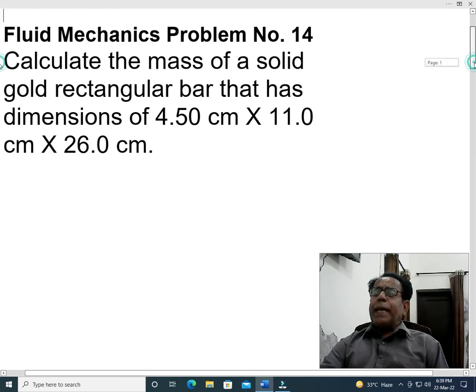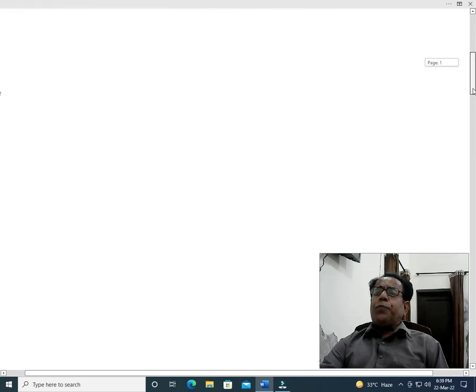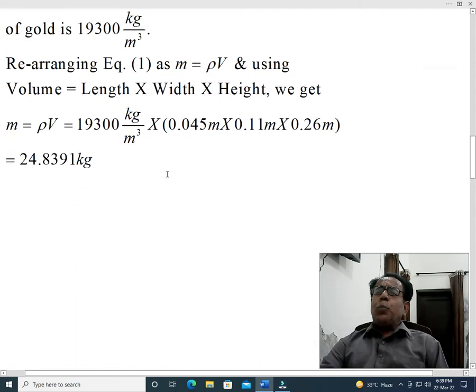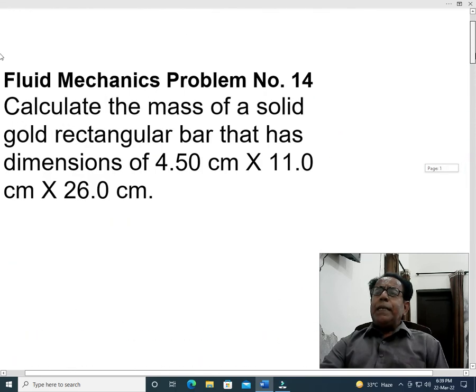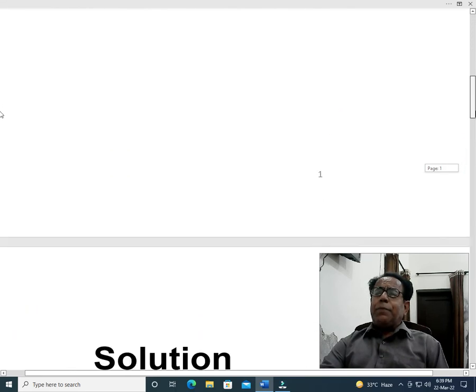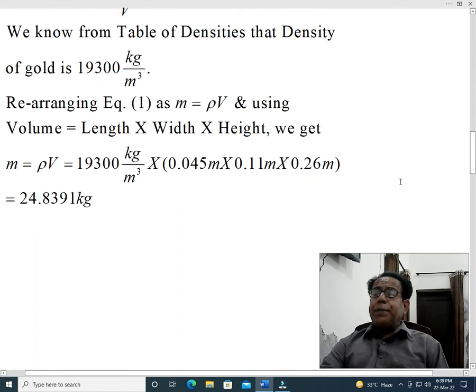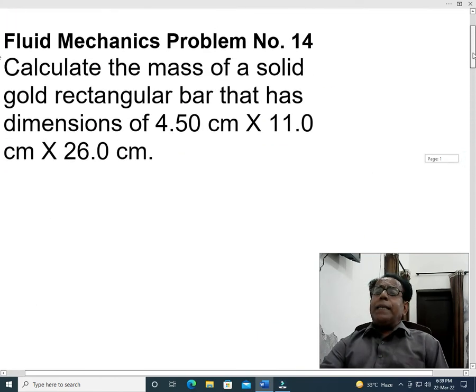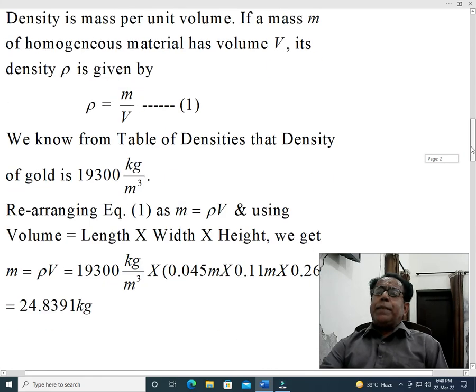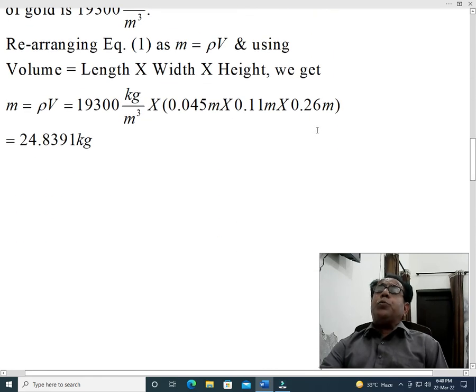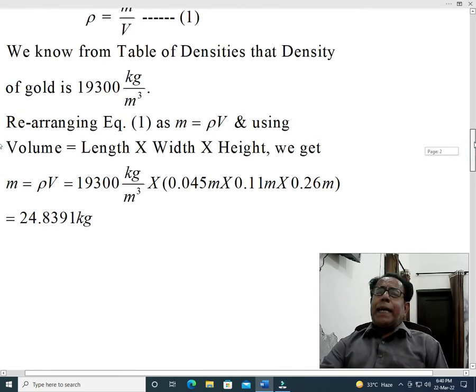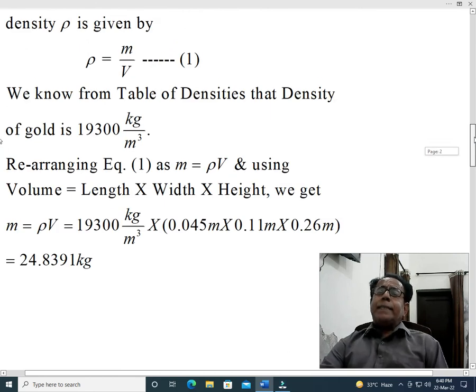4.50 centimeter has been converted into 0.045 meter. Similarly, 11.0 centimeter has been converted into 0.11 meter. Similarly, 26.0 centimeter has been converted into 0.26 meter. And hence, after simplification, we get mass equal to 24.8391 kilogram.